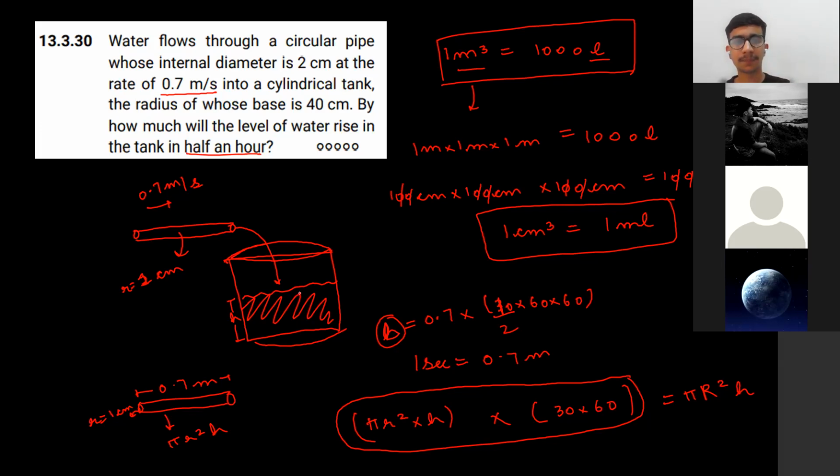Okay. So R you have to find out, and you have the value of H as 40 over here. And in this case, H was 0.7. Sir, I think R is 40. Okay, R is 40. Yeah, my bad. R is 40.